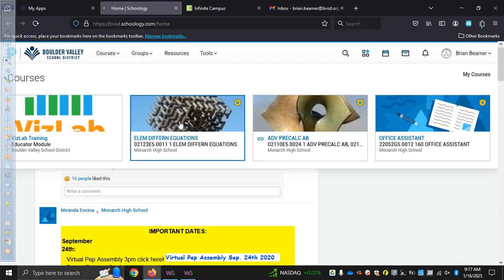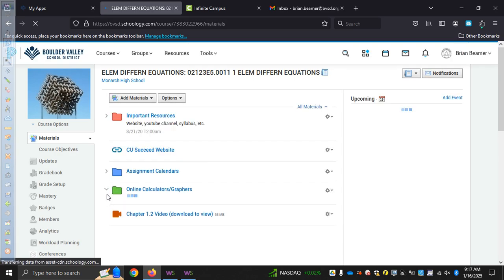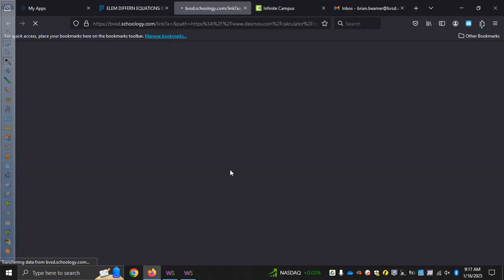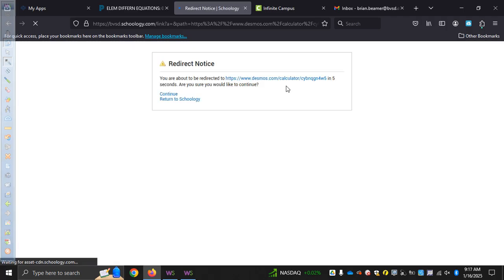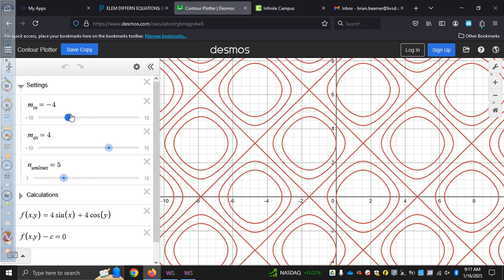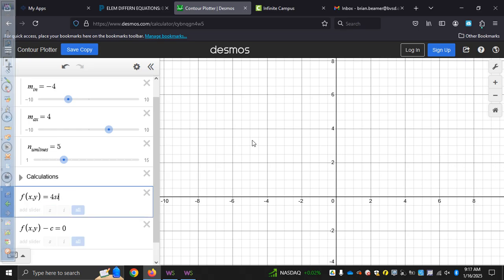Oh, and I put another thing in that folder yesterday as well that we'll need for this chapter. So there is the contour map grapher. It's pretty easy to use. So these I don't change. This is our function, f of x,y, and I'm going to put our function in there.